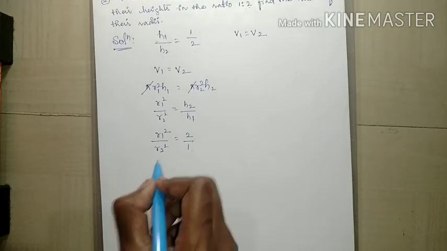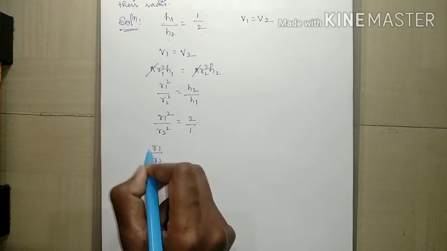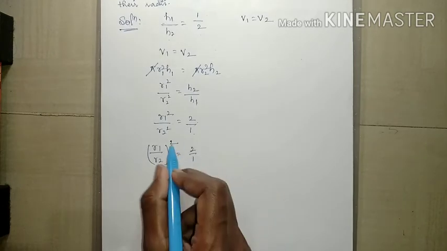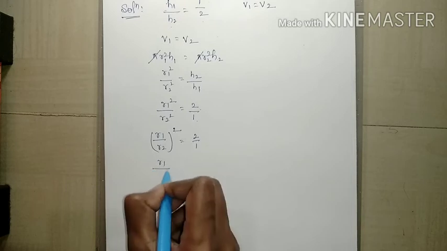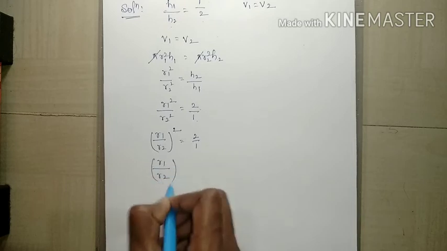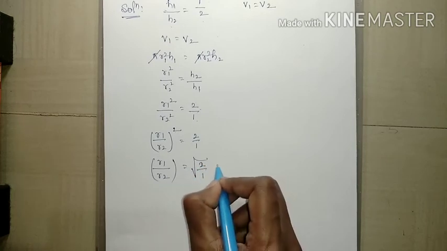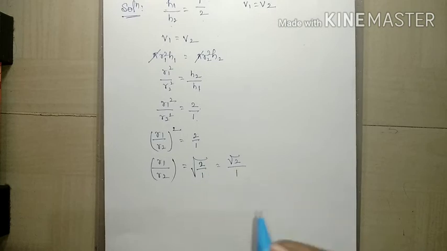So now R1 by R2 the whole square equal to 2 by 1. This square will become a square root. So R1 by R2 equal to square root of 2 by 1. This I can write as root 2 by root 1, whose value is 1.